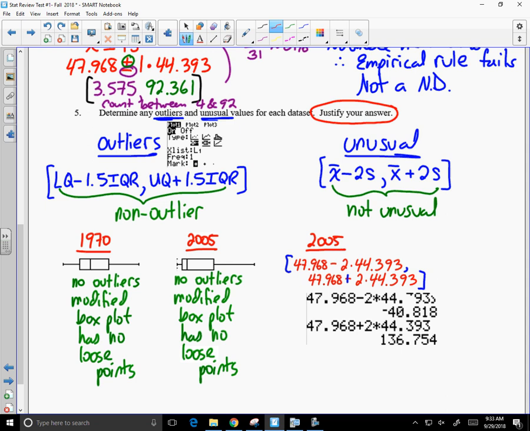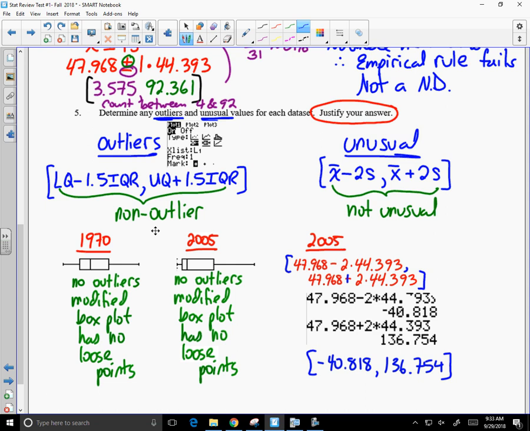All right, so our interval for usual values would be anything between negative 40.818, which, you know, negative values wouldn't make sense in this context unless you're talking about like 40 per 1,000 immaculate conceptions or something like that. I don't know.